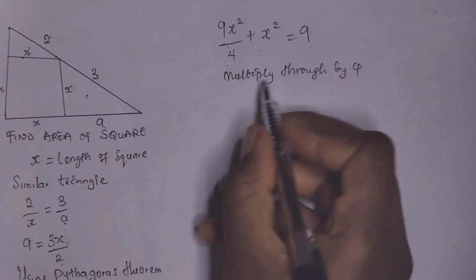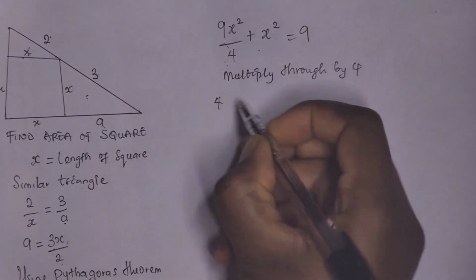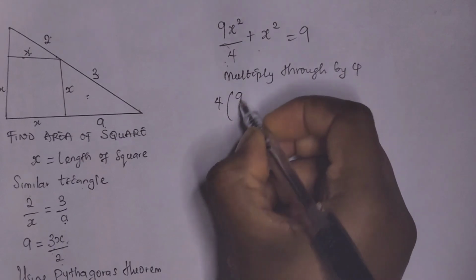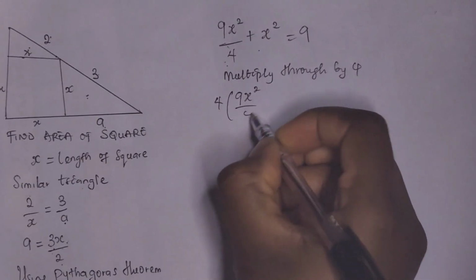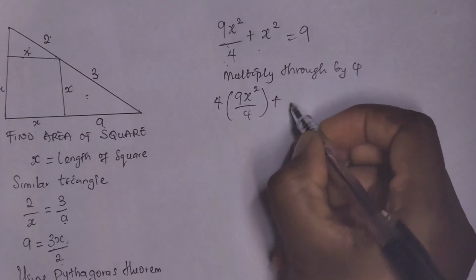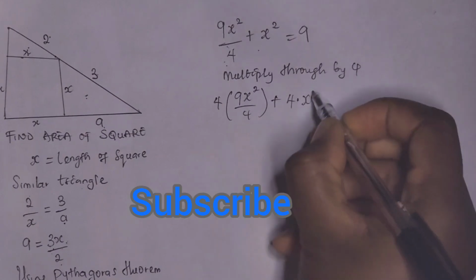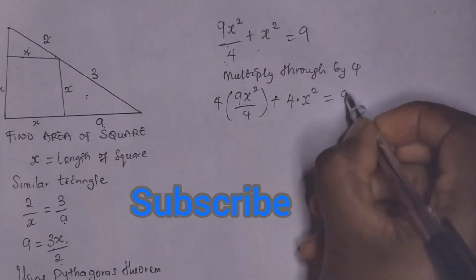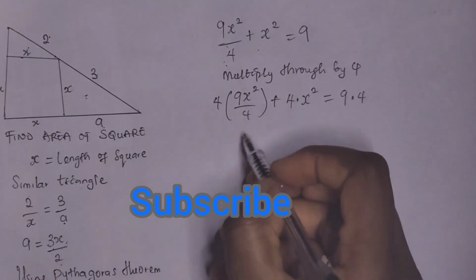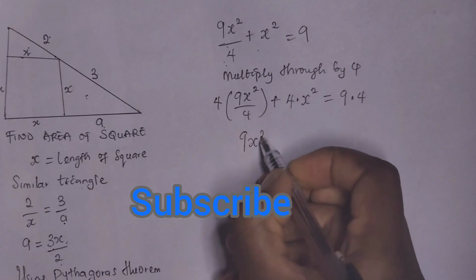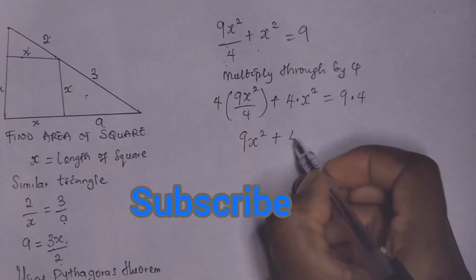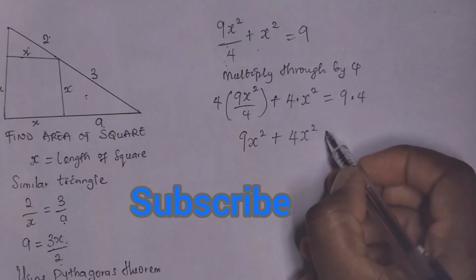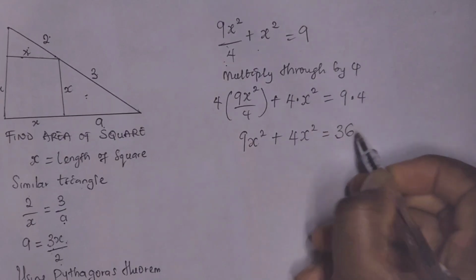We then have 4 times 9x squared over 4 plus 4 times x squared equal to 9 times 4. So this will give us 9x squared plus 4x squared equal to 36.